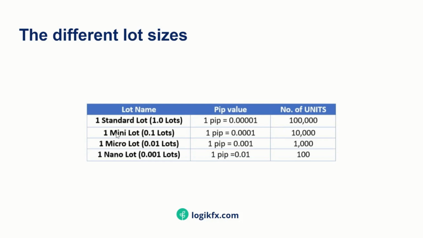Mini lots are equal to 0.1 lots, and that is equivalent to trading with 10,000 units of a currency. One micro lot is 0.01 lots and is equivalent to trading with 1,000 units of a currency, and one nano lot is equivalent to 0.001 lots and effectively is trading 100 units of a currency.